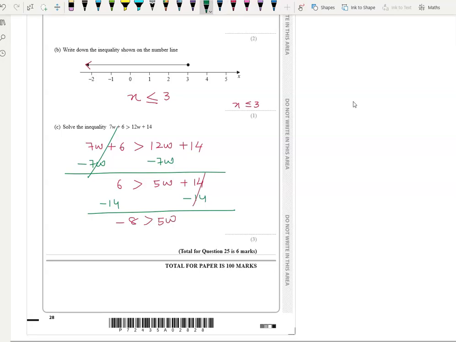I need to cancel 5, so divide both sides by 5. This gives you minus 8 divided by 5, which is minus 1.6, or you can leave it as a fraction, greater than w. So w is less than minus 1.6, or you can write it as the fraction minus 8 by 5.